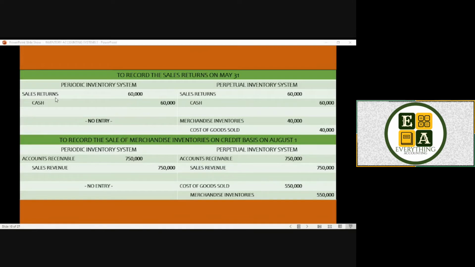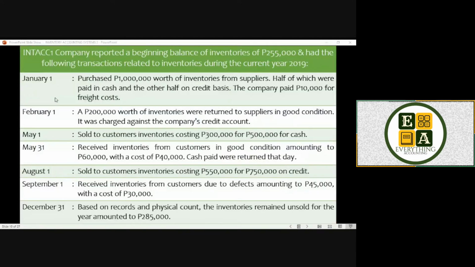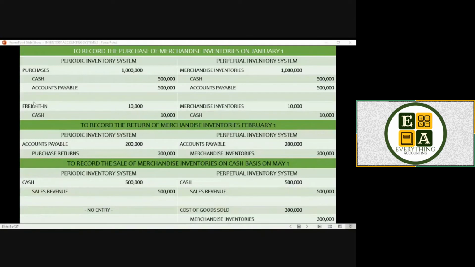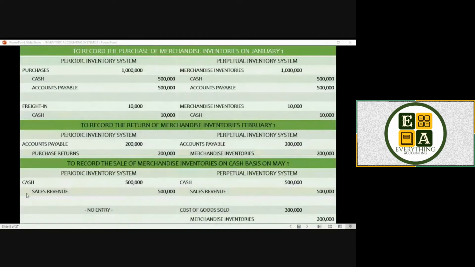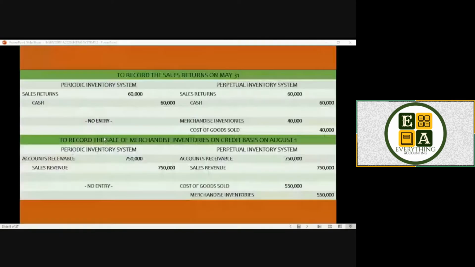Si purchase return, under periodic system, deduction siya from the purchase or purchases account. Si sales return naman is a contra sales revenue account. So deduction siya dito sa revenue account.